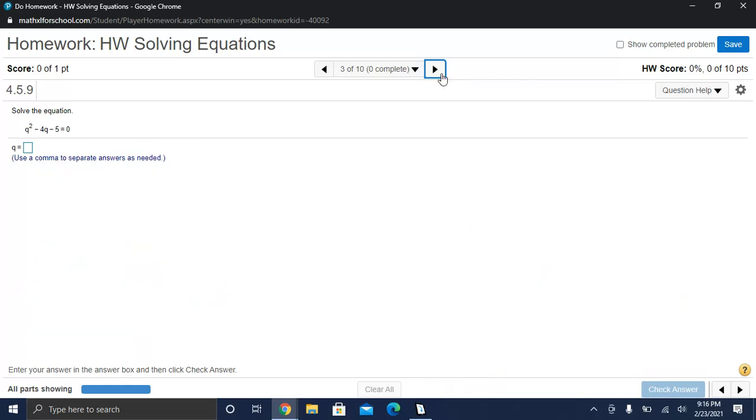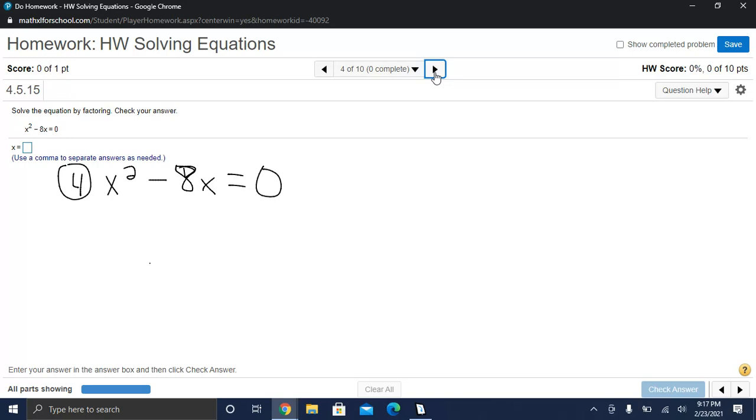We'll move on and look at what you'll need to do for problem number 4. So for problem number 4, I have x squared minus 8x equals 0. So I do have two terms, but not both of those are perfect squares.